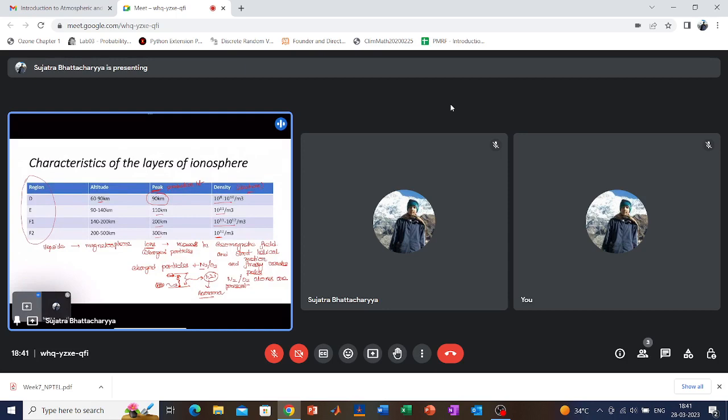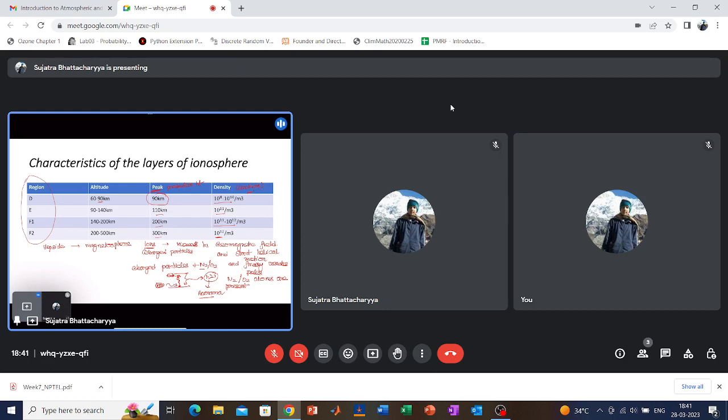Therefore for all the layers we have now found the peak production height and the electron density, that is, how many electrons or ions may be present per unit volume in the different layers. In the lower layers there are fewer electrons, in the upper layers there are more.